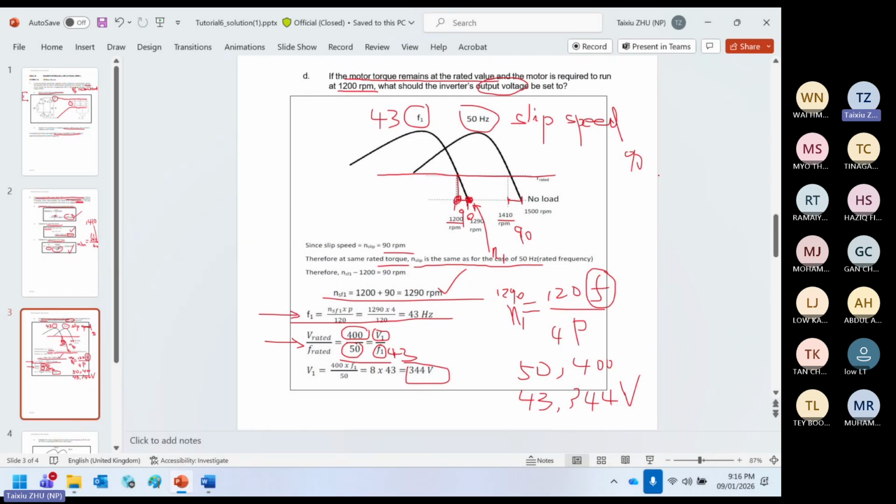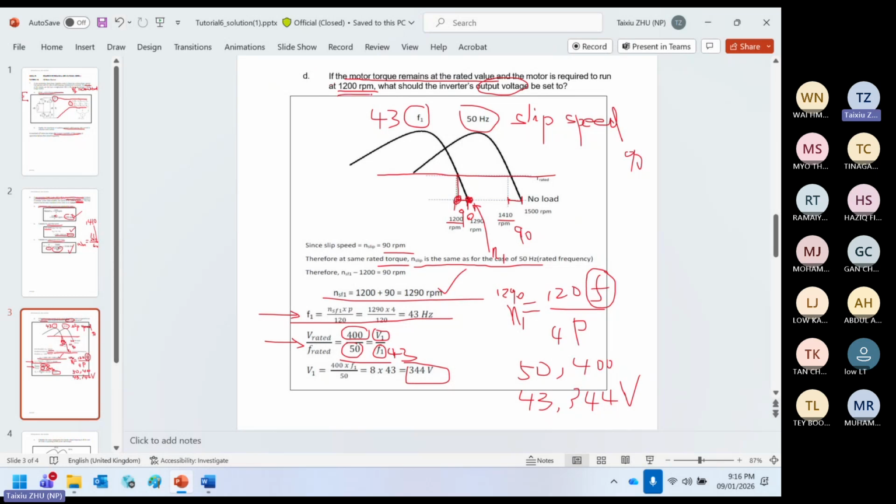The question D: just now the motor runs at what speed? It's 1410, isn't it? But now I'm not happy with the 1410 RPM. I want to slow down a little bit, to 1200 RPM. That's the goal.